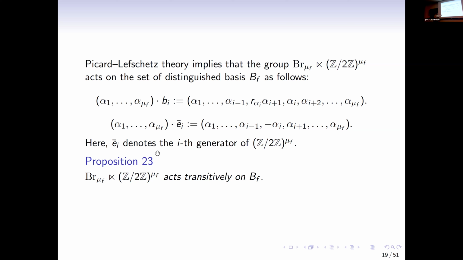Maybe now I should say there is a subtle difference between distinguished bases and full exceptional collections. A distinguished basis will define an exceptional collection, but any full exceptional collection may not come from a distinguished basis, even if we take the homological version.